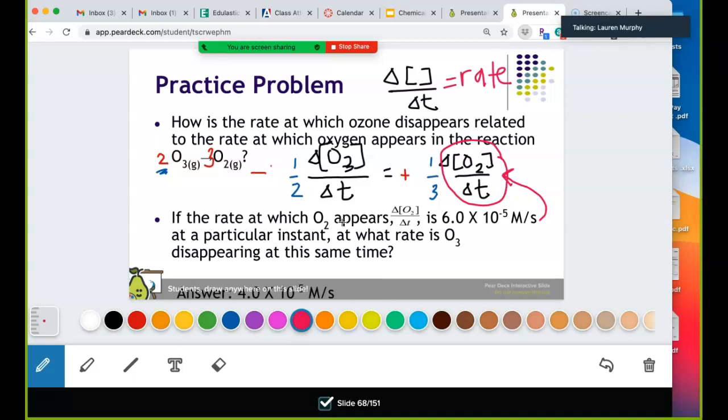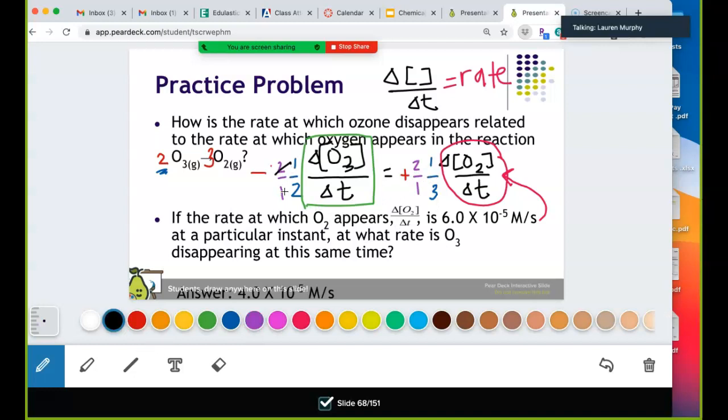So all you have to do is get the rate of ozone by itself. Now remember, this term is the rate of ozone. So all we got to do is move this fraction over, right? How do we move a 1/2 over? Well, you do it by multiplying by the reciprocal, which is 2 over 1.